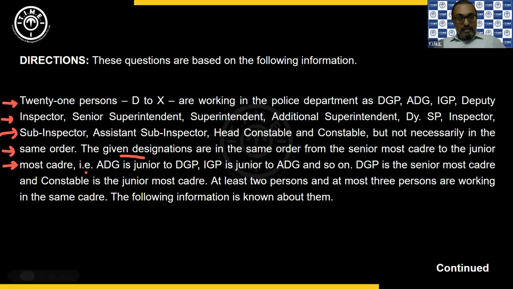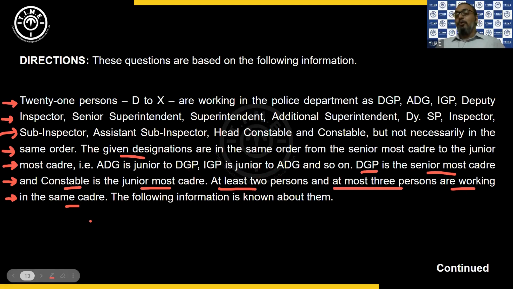ADG is junior to DGP, IGP is junior to ADG, and so on. Then it says at least 2 and at most 3 are working in the same cadre. Minimum 2 people in the same cadre, maximum 3 people in the same cadre.